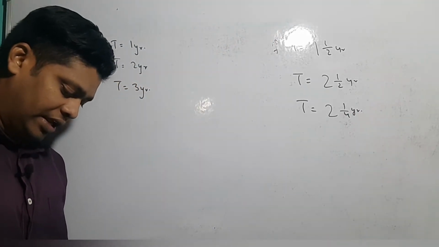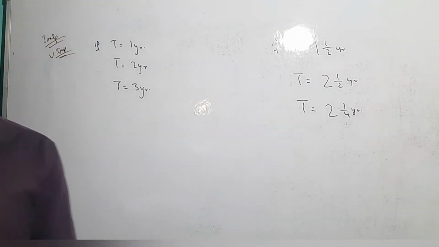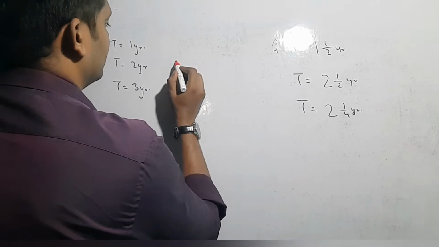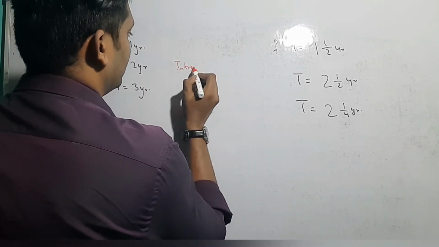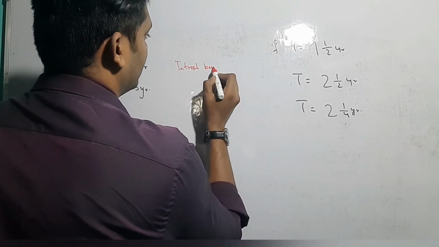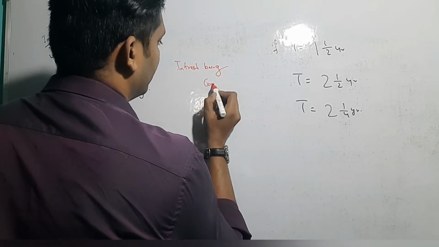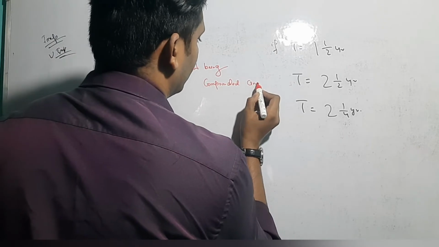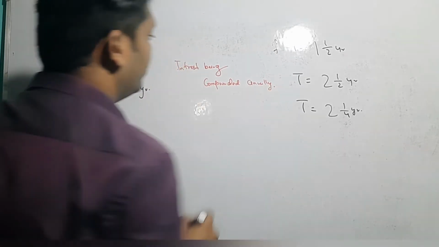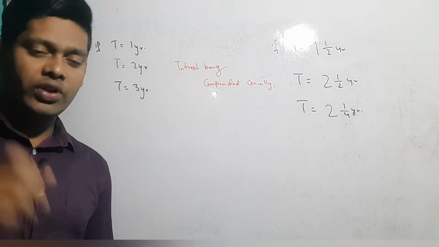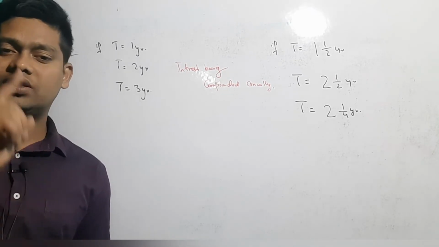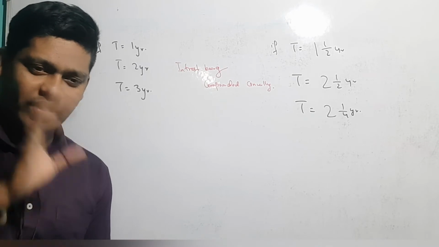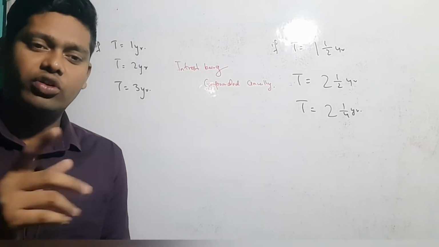They are saying that interest is being compounded annually. What does it mean? It means that we need to pay the interest once in a year.